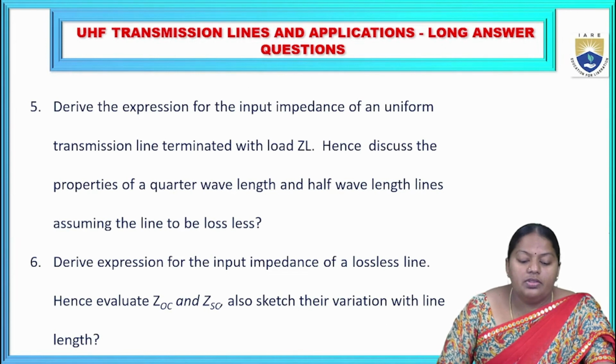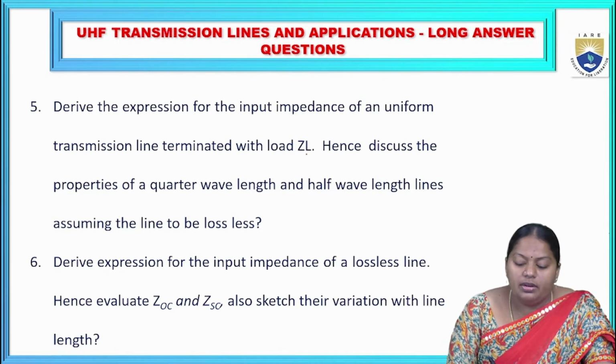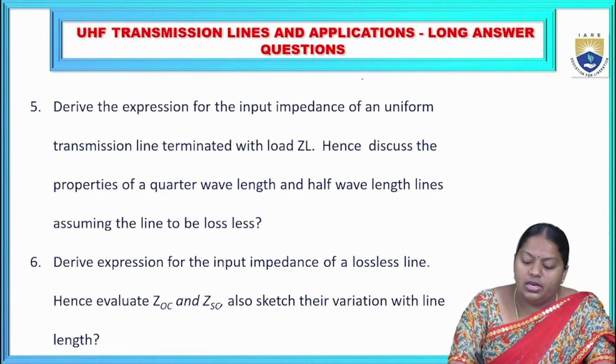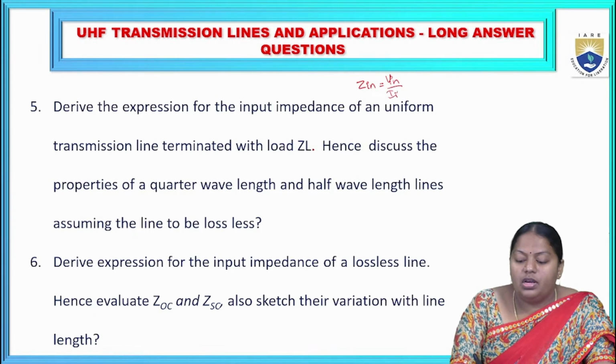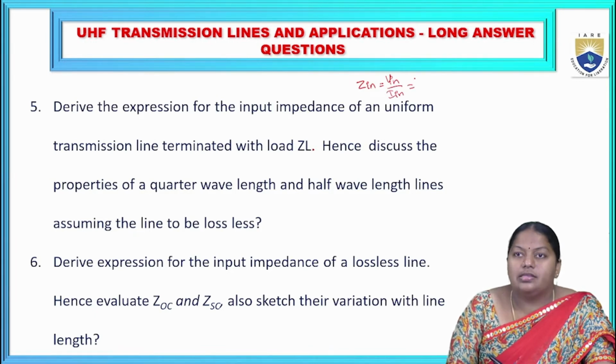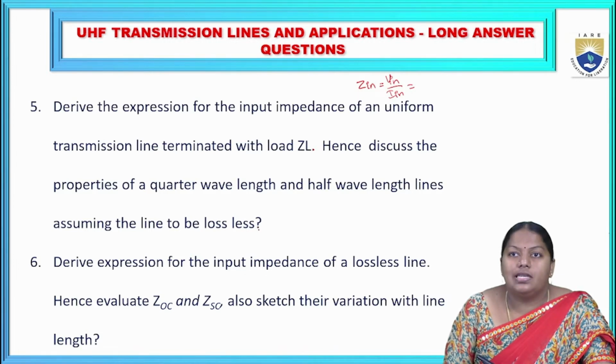Next, derive the expression for the input impedance of a uniform transmission line terminated with a load impedance. The input impedance of a transmission line, represented with Zin, is the ratio of the input voltage to the input current. Hence, discuss the properties of quarter wavelength and half wavelength lines, assuming the line to be lossless.